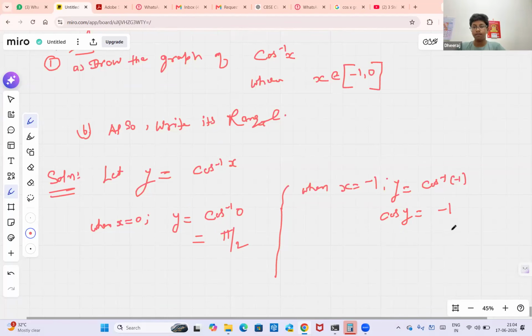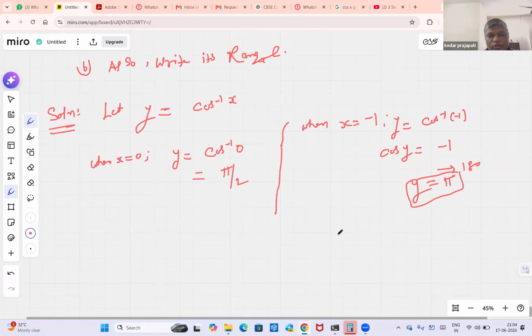At pi, this is 180 degrees. So the value of y is pi. So we got the x and y values. X was 0 and minus 1, y is pi by 2 and pi. Now we can draw the graph.